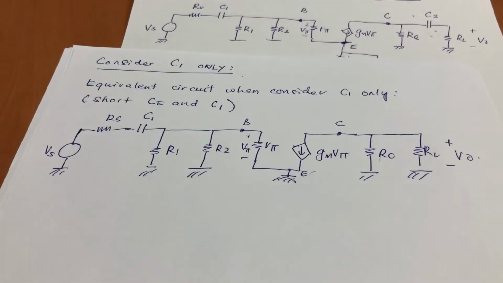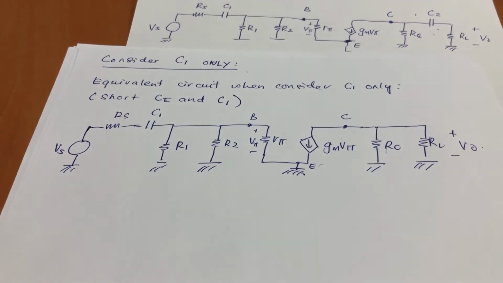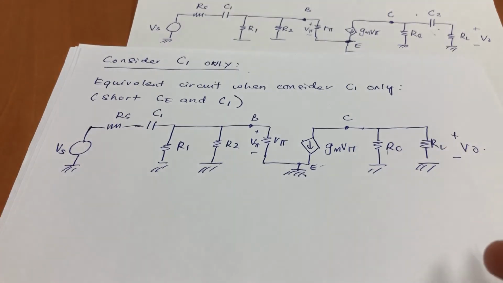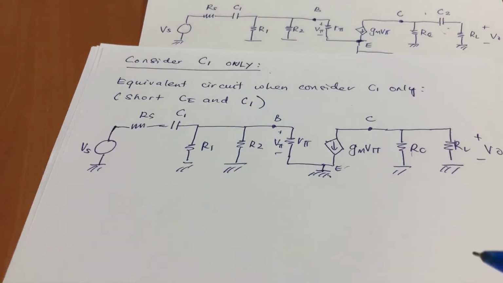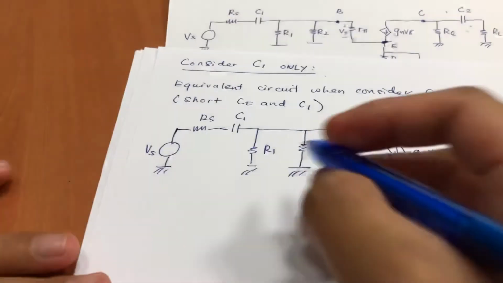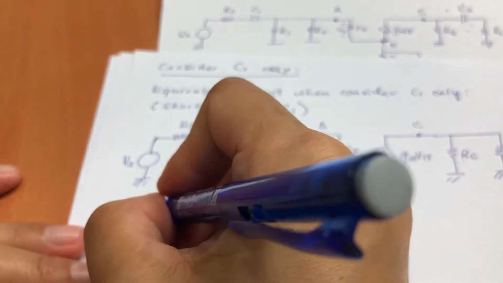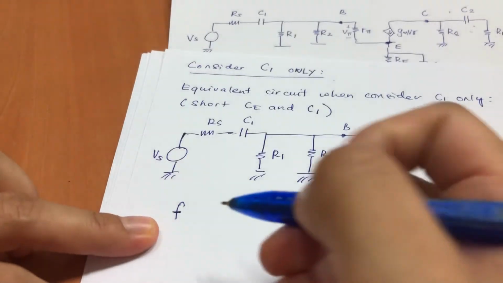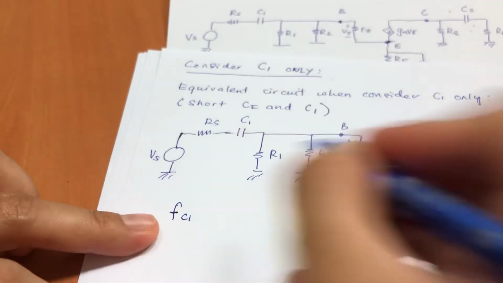Got it? Okay. Remember that in the class I already explained that we are looking for the cutoff frequency due to C1.